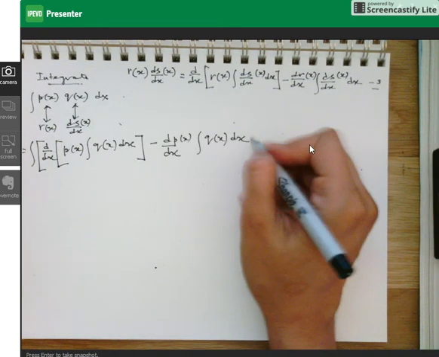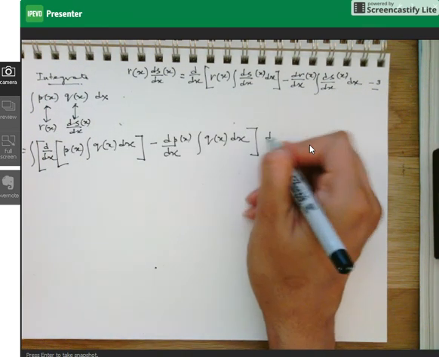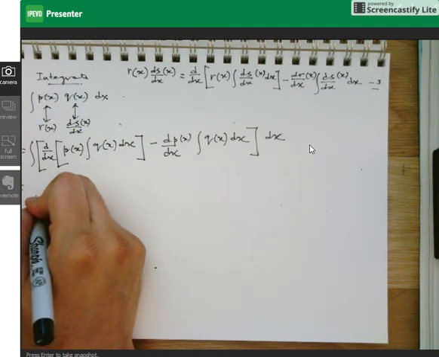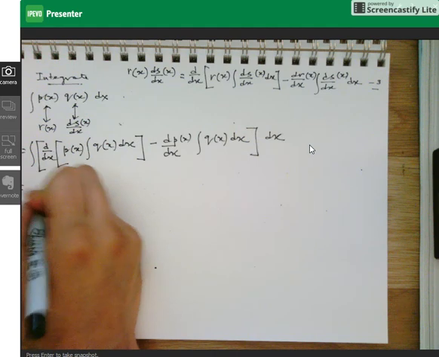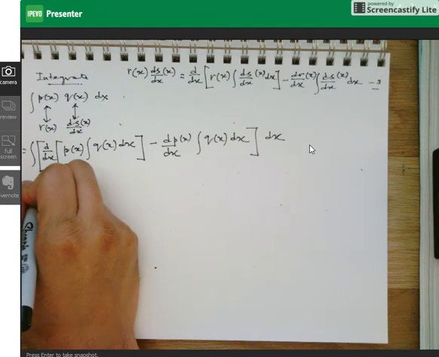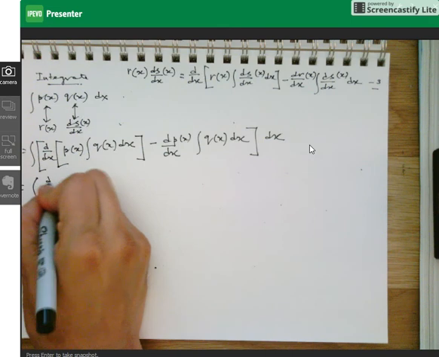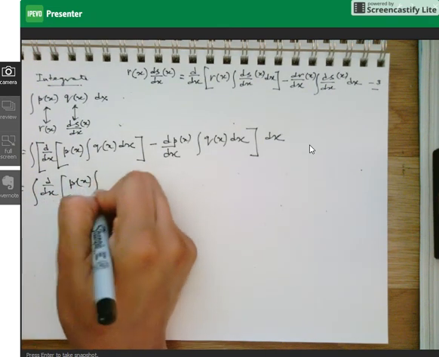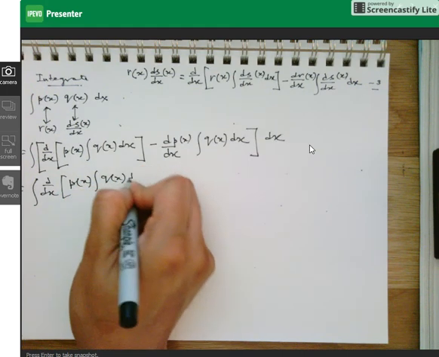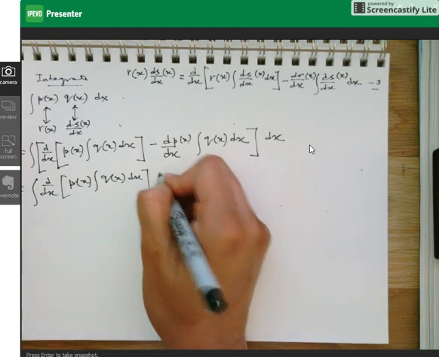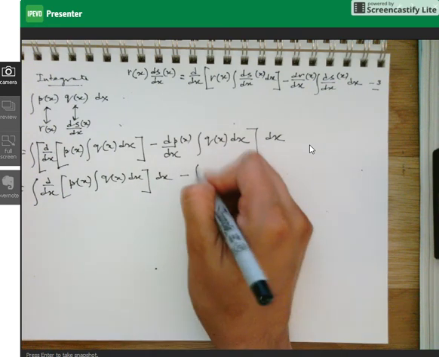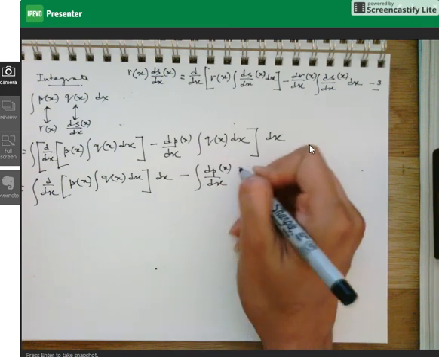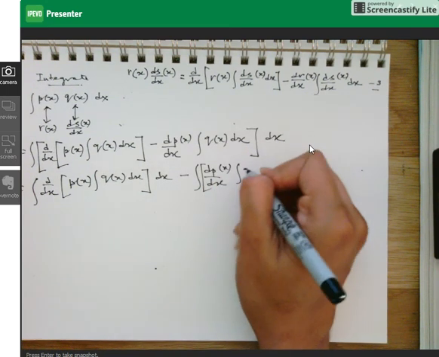Then this becomes equal to the integration of d/dx of p of x times the integral of q of x dx, minus the integration of dp/dx times the integral of q of x dx.